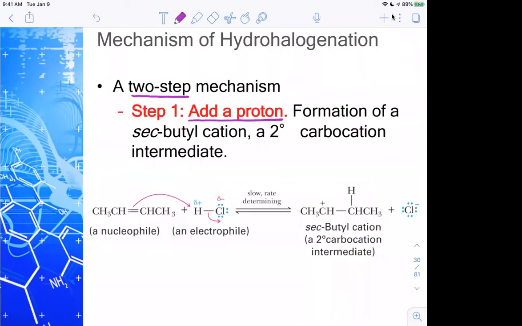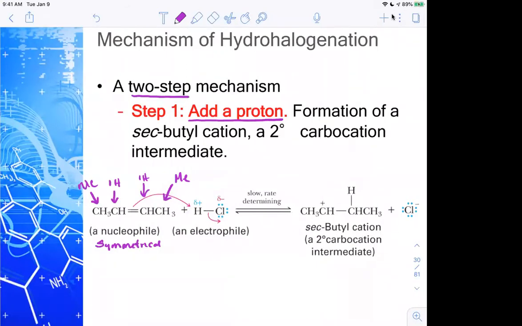This molecule down here is symmetrical. I have one hydrogen here and one hydrogen here. The group is a methyl, the group is a methyl. So I don't have to worry about regiochemistry or Markovnikov's rule in this particular example.